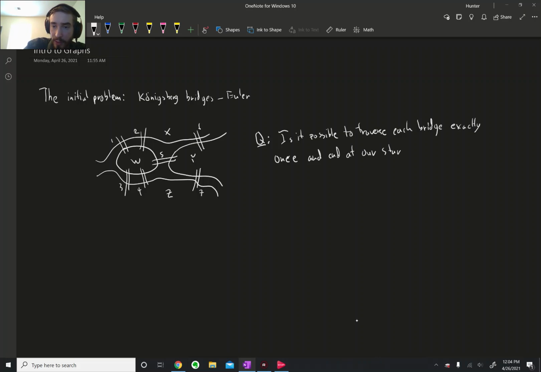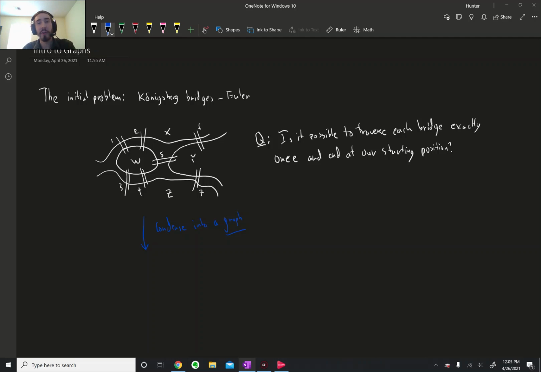And the idea of graph theory, or mathematical graphs, gives us a way to analyze questions like this one. And so the idea is that we will turn this picture into a more abstract object called a graph, and then talk about mathematical properties that a graph must have.